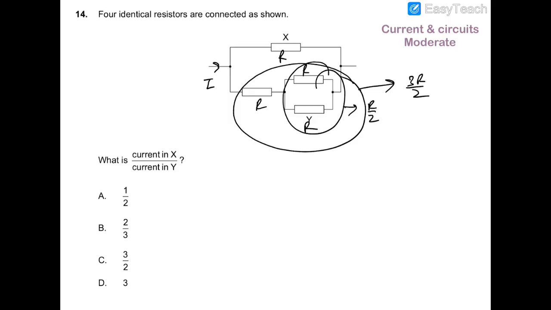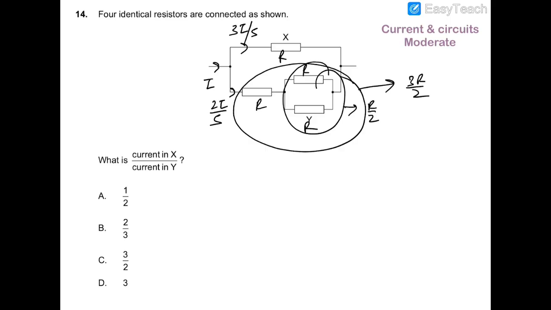Now, if we divide this current in the ratio of resistances, the ratio is R is to 3R/2. So it is a 2 by 3 ratio, and the current flowing through X will be 3I/5, and the current flowing through this will be 2I/5.